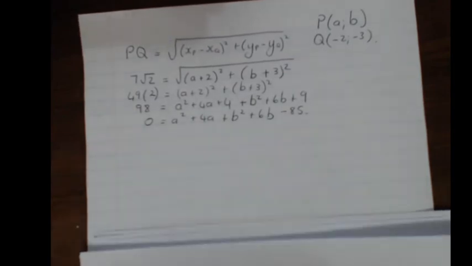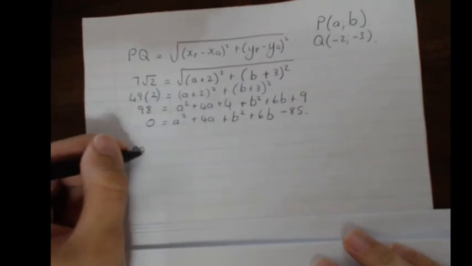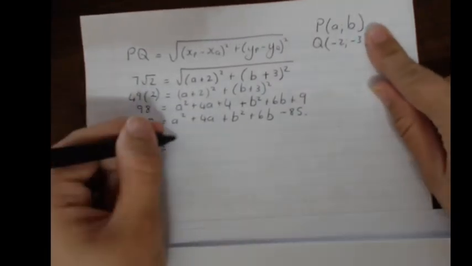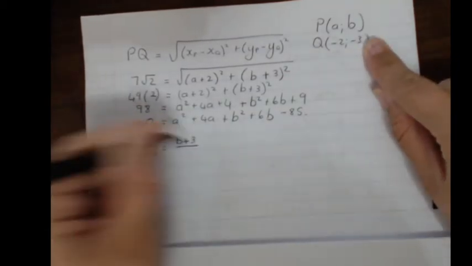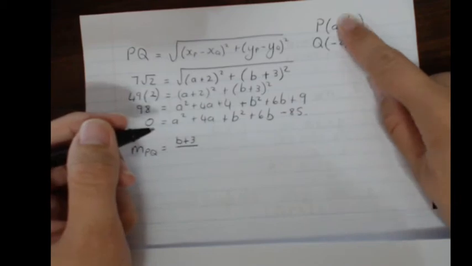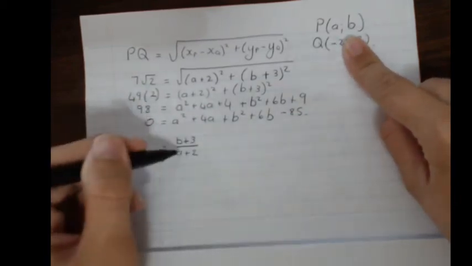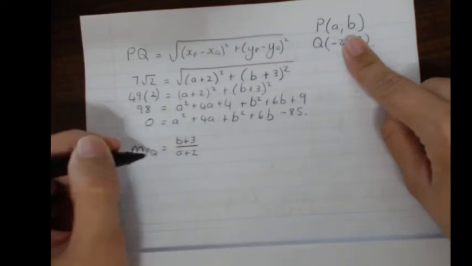The other equation that I can get here is by taking the gradient of PQ, which is difference in y. b minus -3 is going to be b plus 3 over a minus -2 is going to be a plus 2, and I calculated the gradient is 1.